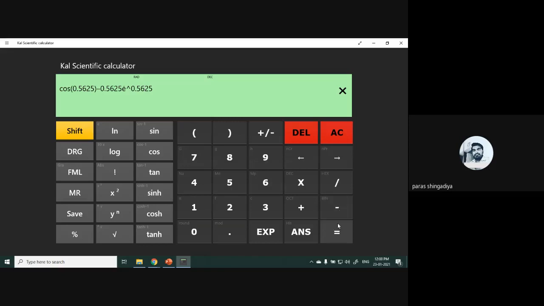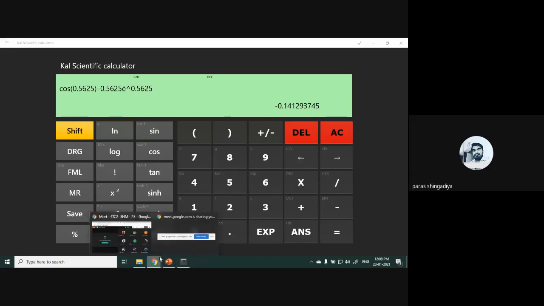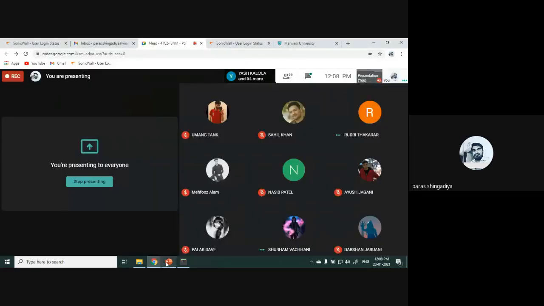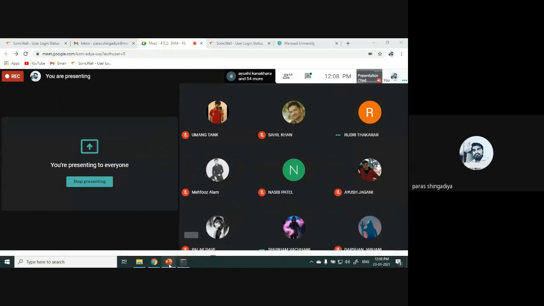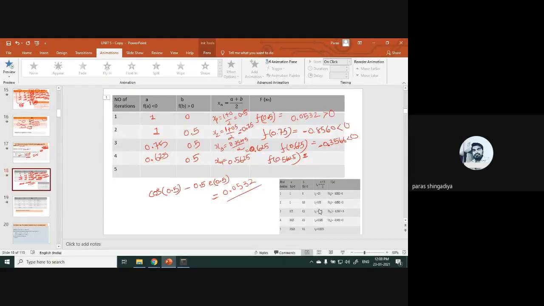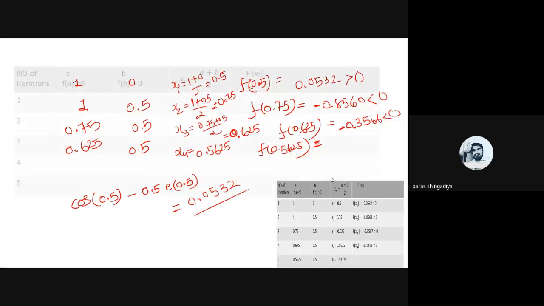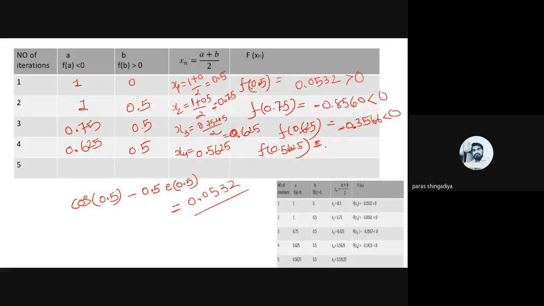Okay, so the output will be still negative. We get minus 1.4113, that is again still negative.